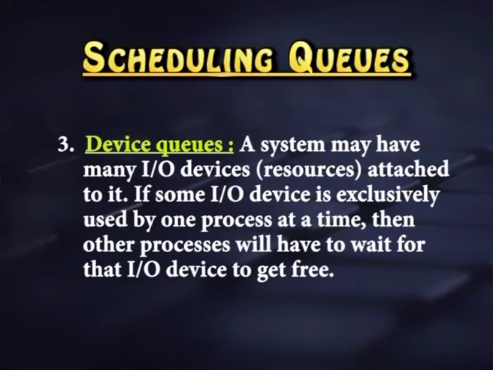Third is device queues. A system may have many input output devices attached to it. If some input output device is exclusively used by one process at a time, then other processes will have to wait for that input output device to get free.